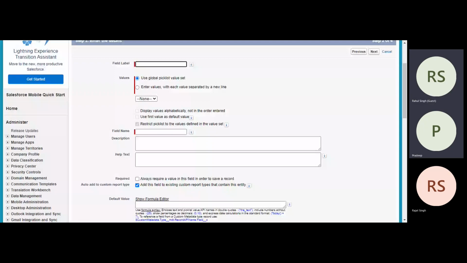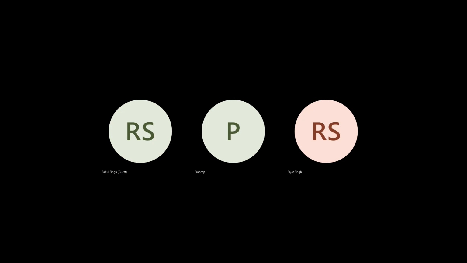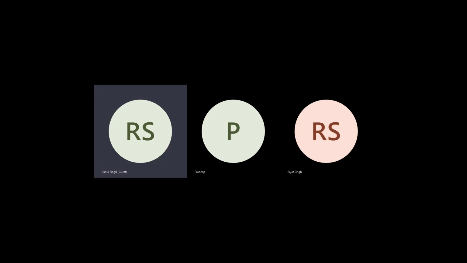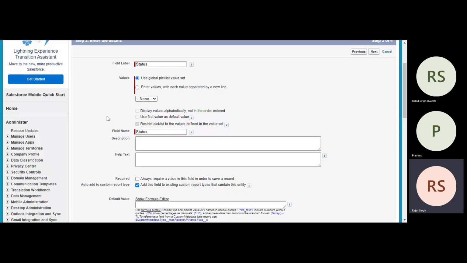Field label and field name: field label status. Okay, then new values. When you're seeing the values, you have two options over there, about what values you want for your status.